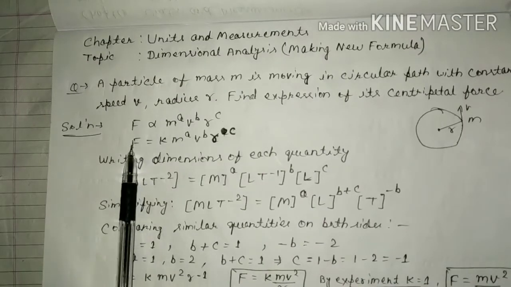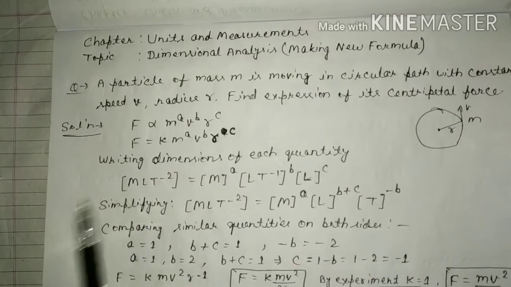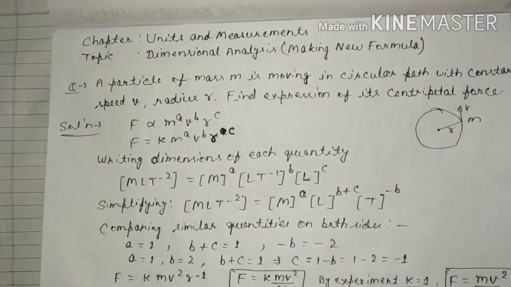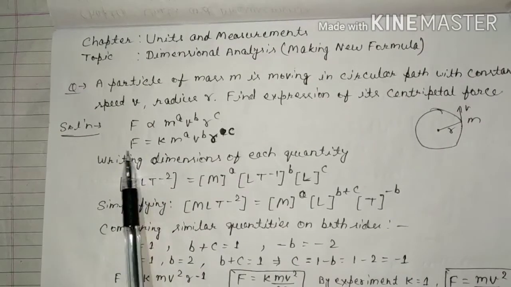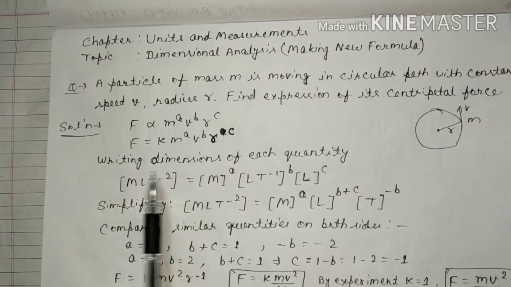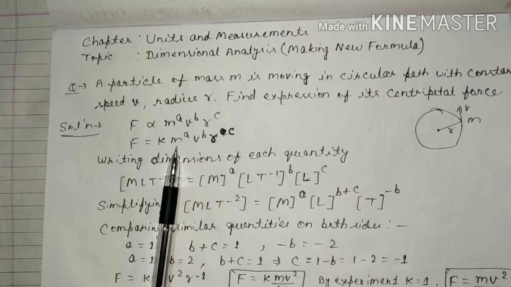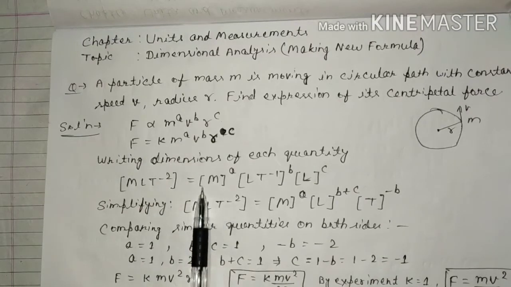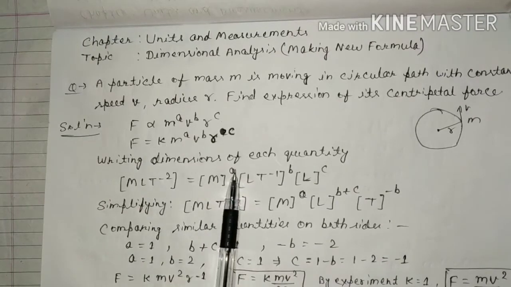The dimension of force is MLT to the power minus 2. The left hand side is only force. The dimension of force is MLT^-2, equal to k. K is a constant and a constant is dimensionless, so k has no dimension. Next, m. M is mass and the dimension of mass is capital M to the power a.